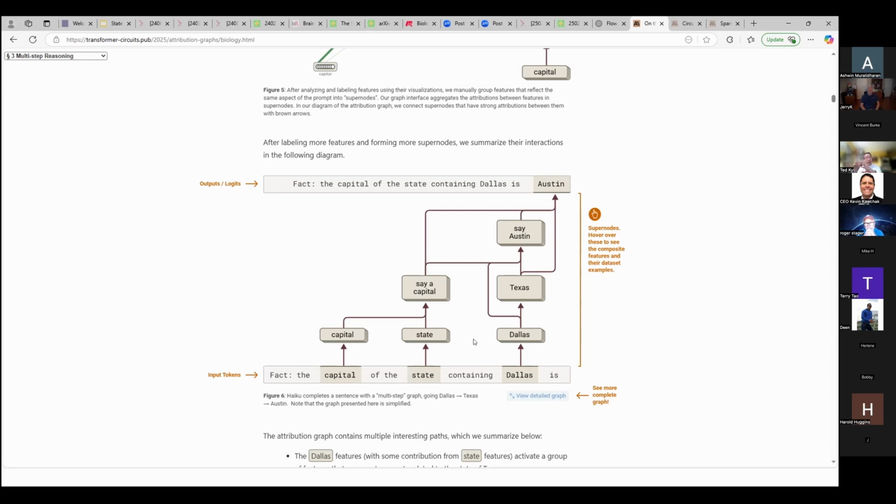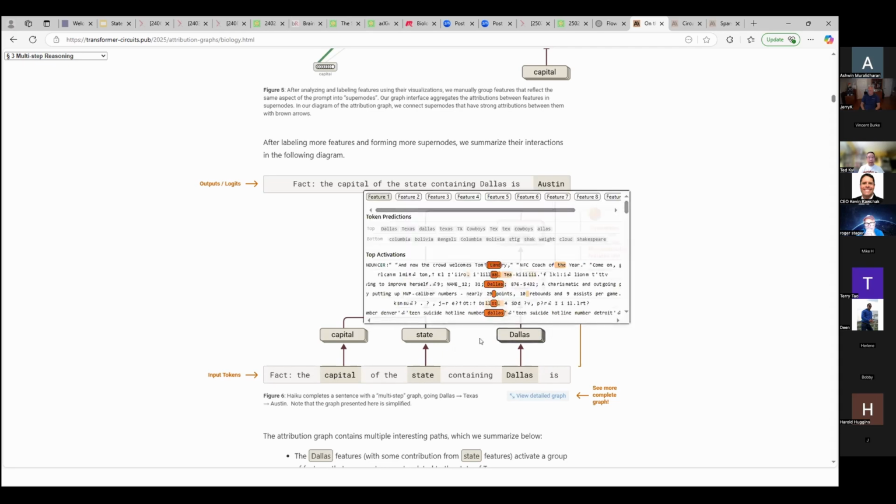The purpose of building the cross-layer transcoder is to split out that dense information into monosemantic features. So what they say is, yeah, we see a lot of muddiness, but we see a whole lot of features that seem to be about capitals. We see a whole lot of features that are about states, a whole lot of features that are about Dallas.